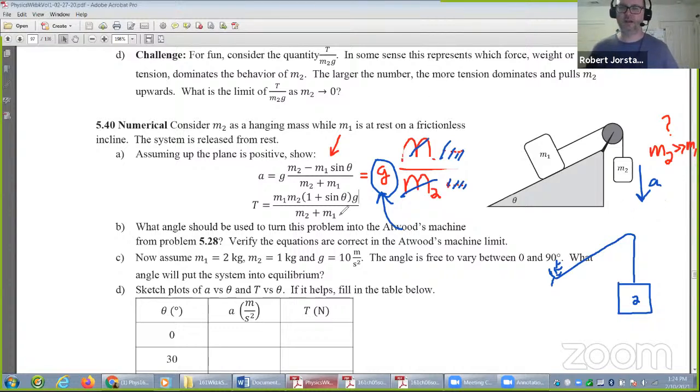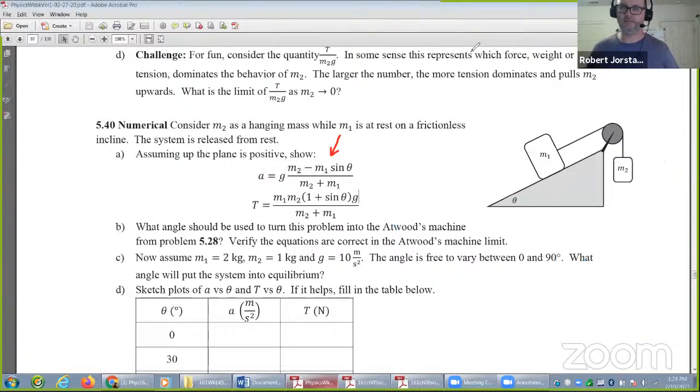Cool. You could do the same logic if M2 is really small. What if M2 is really small? This is going to drop out. This will cancel, and we get negative G sine theta. Does that sound vaguely familiar? If not, it turns out that is the result that we discussed earlier when we talked about blocks on a ramp.